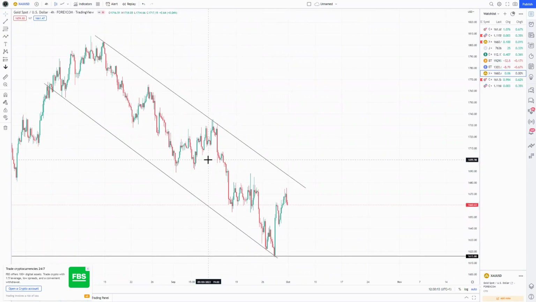But now we can also pay attention to the inner trend inside this descending channel. And obviously the current inner trend inside this descending channel is a bullish trend. But before we mark that out, let's mark out our intermediate levels.